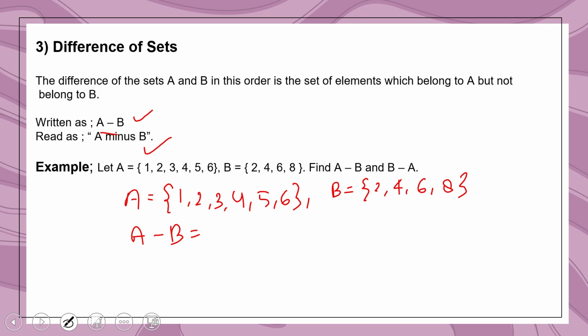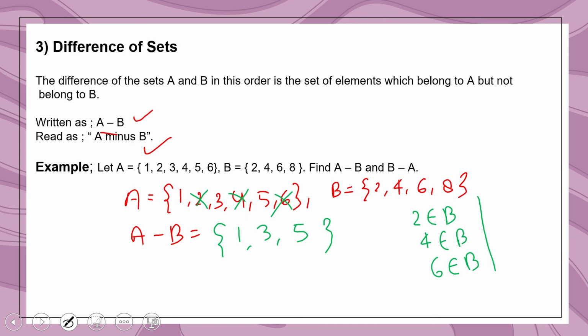So we consider only those elements which belong to A, because we are finding A minus B, or A difference B. A difference B means we only consider the elements of A. So A minus B equals 1, 3, 5, because 2 belongs to B, 4 belongs to B and 6 also belongs to B.